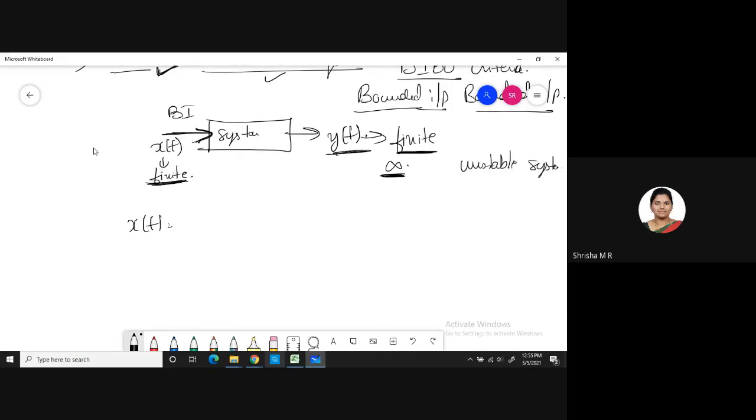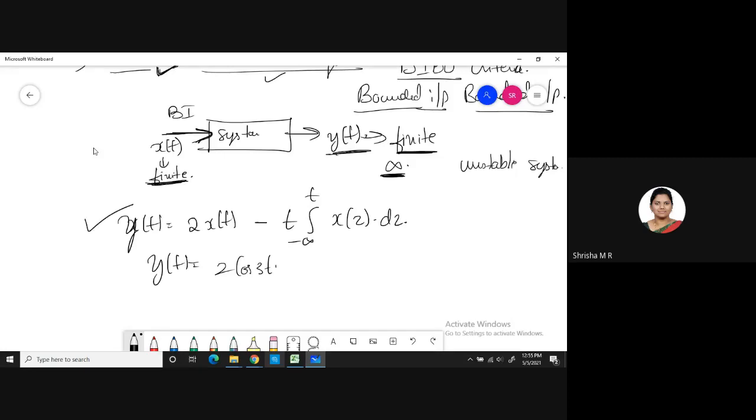Okay, I'll just tell you an example. y of t is equal to 2 times x of t minus t into the integration from minus infinity to t of x of tau d tau. Anything they'll give you like this, or y of t is equal to 2 cos 3t, something like that. Okay, this is how you'll get questions in this unit.